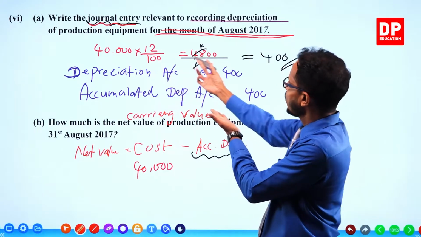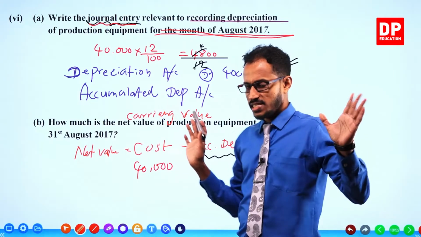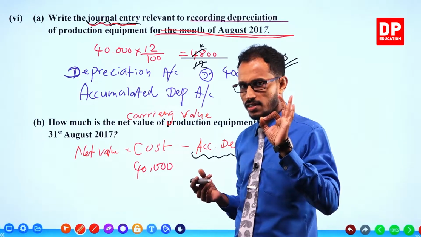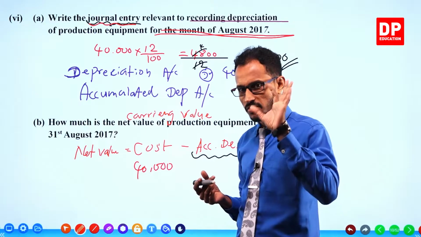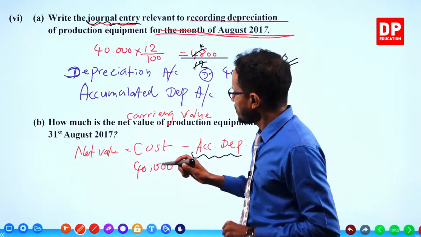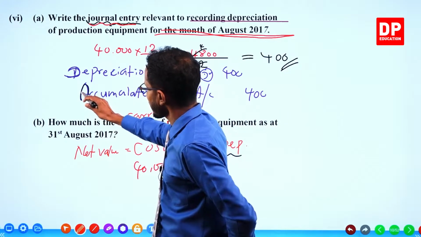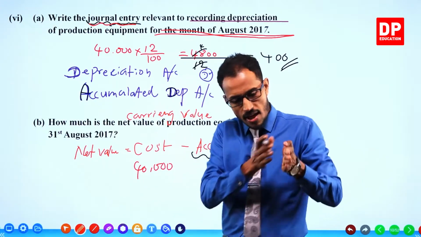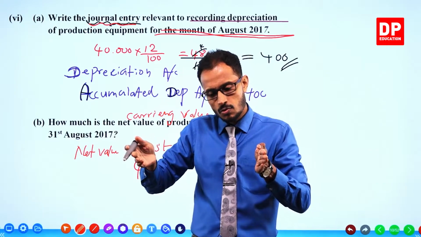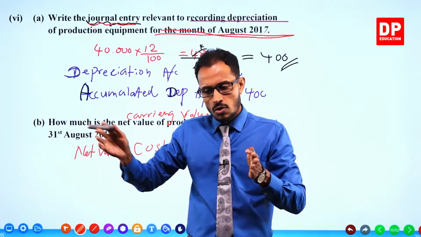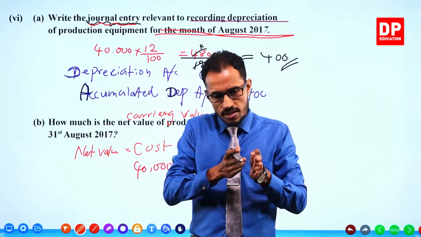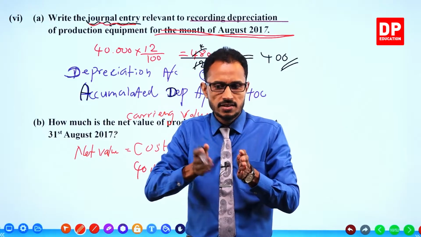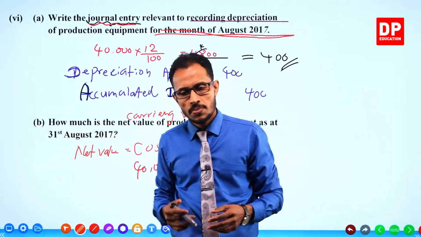See, well, children, there is a small clarification. I need to clear something very small. Accumulated depreciation means the added up depreciation, the total depreciation for the entire time the asset was depreciated.